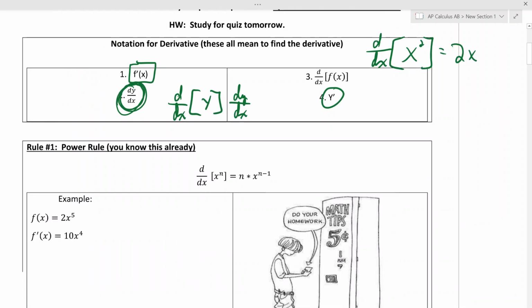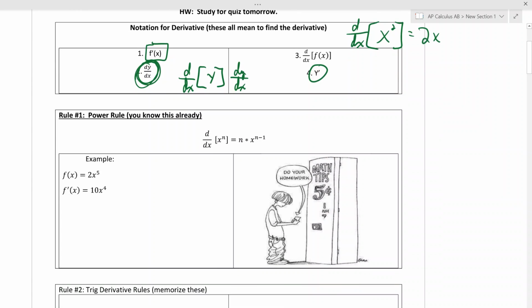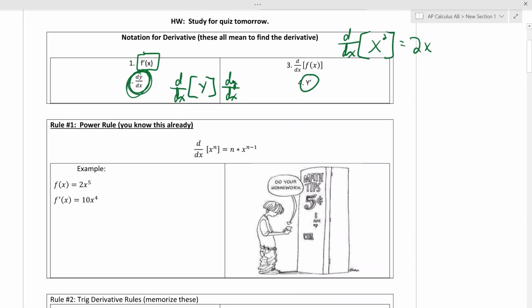Cool. So things we already know. The power rule, we've seen that before. Look at my funny comic I put in there. The power rule just says if you have x to a power, or there could be a coefficient out front, but I didn't put one there, and you derive it, and that means if we did the long way, the whole f of x plus h, or if we did the 2 points and found the slope between them and found the limit, you're always going to get this.